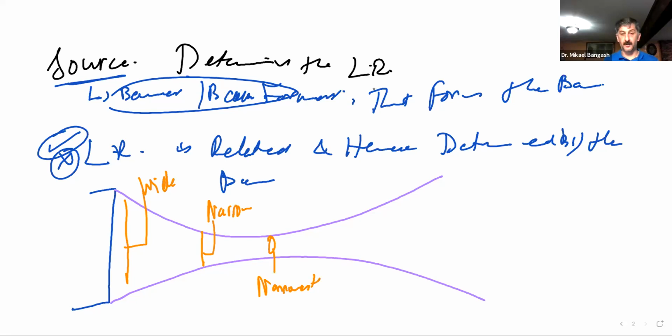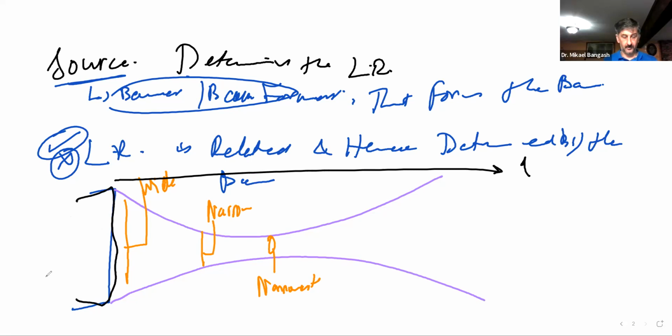We go from here, our source or transducer, deeper and deeper, and at different depths you end up having different lateral resolutions.